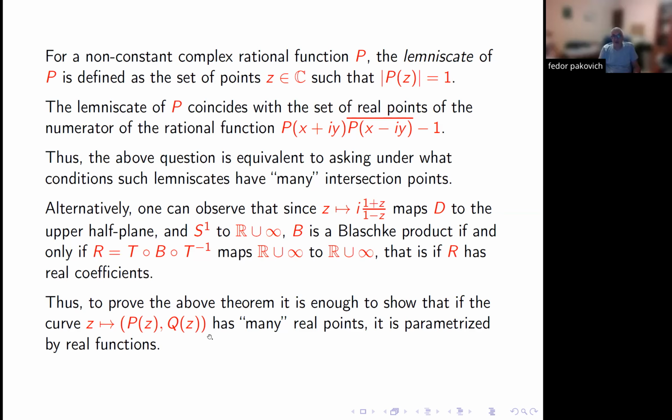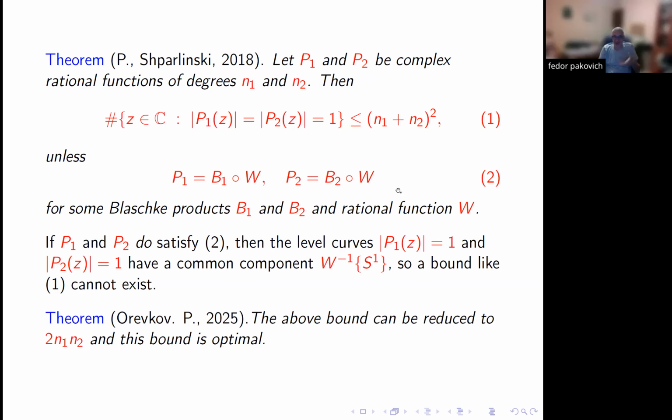Here the approach is to consider this algebraic curve and use the Bezout theorem and so on. But the problem is that Bezout's theorem only gives you that they should have a common component, and you should somehow prove that this common component appears exactly if this condition is satisfied.